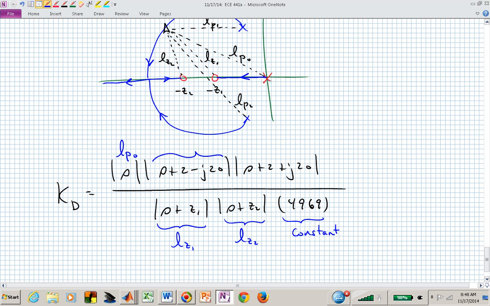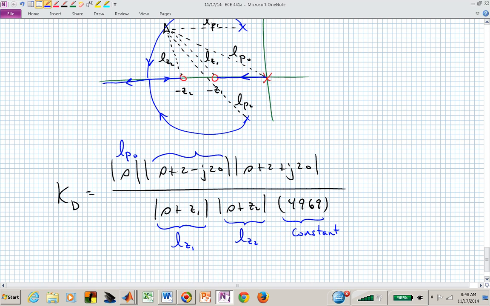It's either L sub P1 or L sub P2. So now that one corresponds to what value of s? Let s be such that that factor vanishes. What's the value of s that makes that factor vanish?